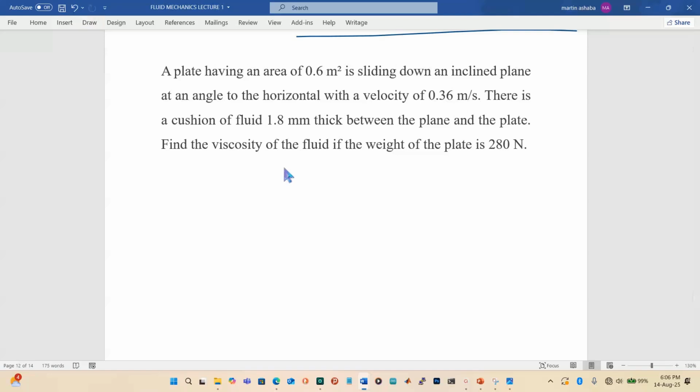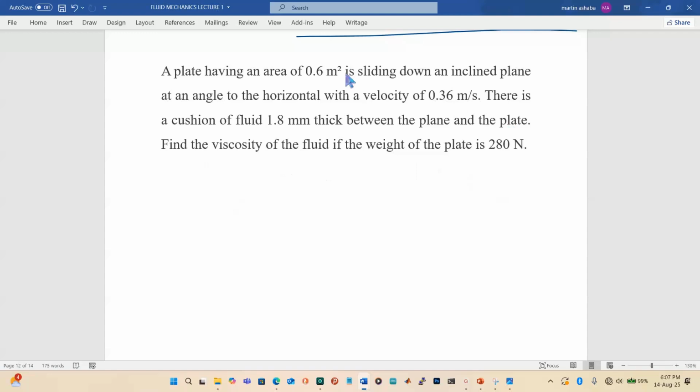The next problem here says a plate having an area of 0.6 meters squared is sliding down an inclined plane at an angle to the horizontal with a velocity of 0.36 meters per second. There is a cushion of fluid 1.8 millimeter thick between the plane and the plate. Find the viscosity of the fluid if the weight of the plate is 280 newtons.